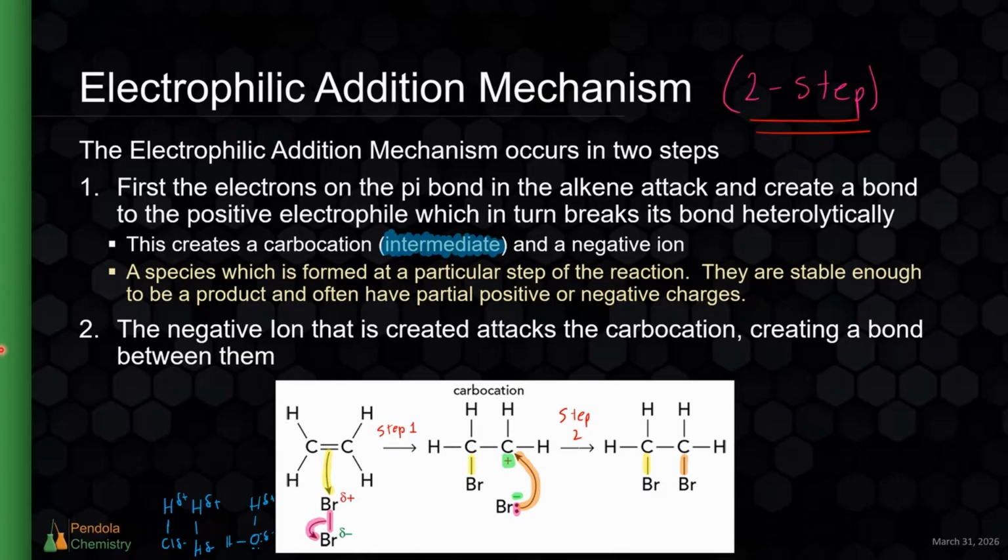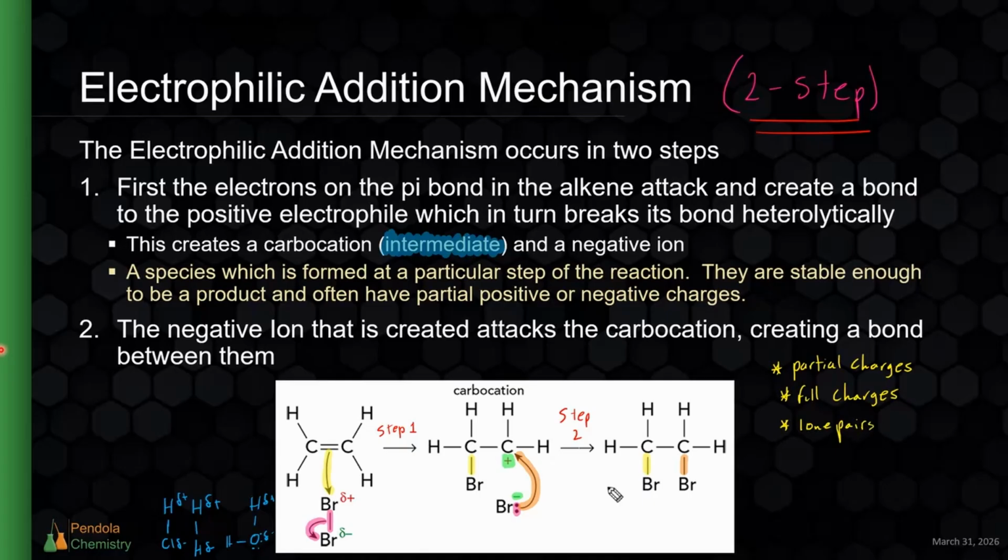What are the important things to include here? We want to make sure we are including partial charges. So that partial positive and partial negative here, those are not just for show. Also, full charges. You cannot draw a carbocation without that positive. You cannot draw the bromide without that negative. Also, lone pairs.